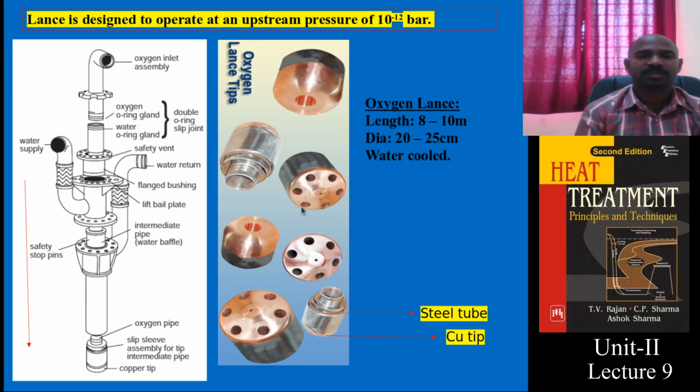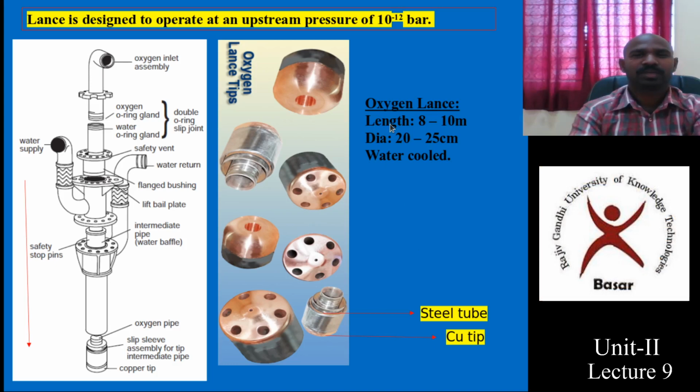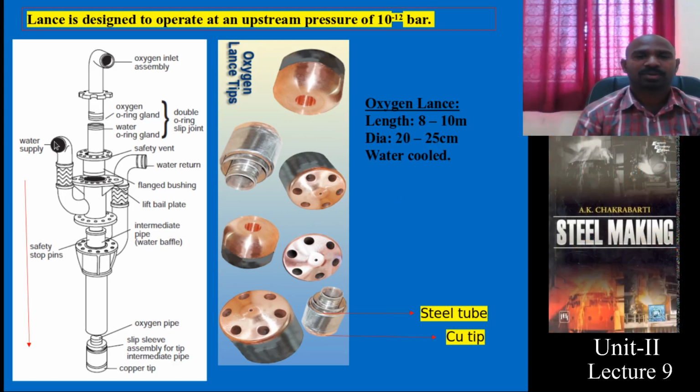The outer cover is made up of steel tube, the inner one is a copper tip. The length of this oxygen lance may vary from top to bottom, 8 to 10 meters. The diameter of this nozzle is 20 to 25 centimeter, and there will be a provision of continuous cooling to this tube.